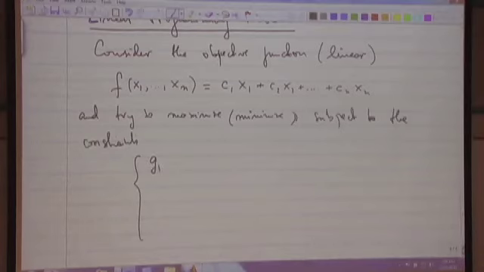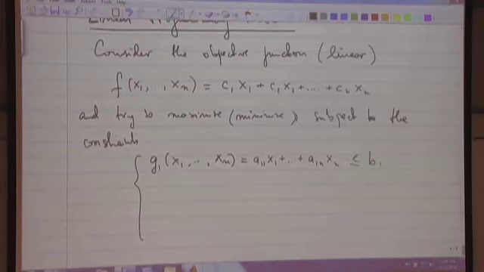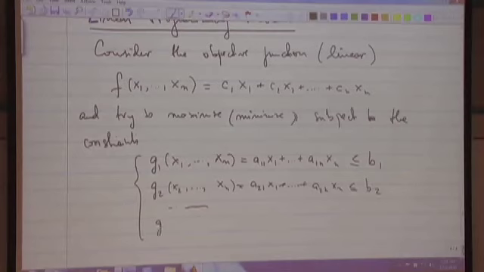So I'm going to use g1 of x1, ..., xn, which is again a linear function of x1, ..., xn. So it's a11 x1 plus ... plus a1n xn less than or equal to b1. Then g2 and so forth, right? So g2 less than or equal to b2, and finally gm.